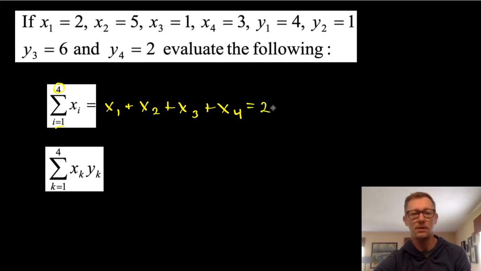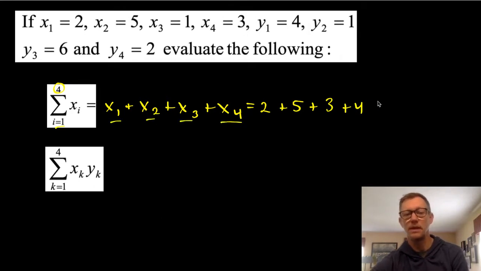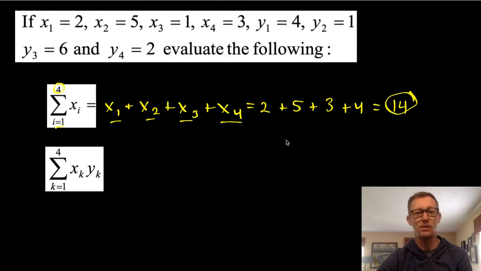So this is 2 plus 5 plus 3 plus 4. Those are the values for x sub 1, x sub 2, x sub 3, and x sub 4 up top. And so there we get 14. And those would be the total, in this case, hours that students studied for this test.